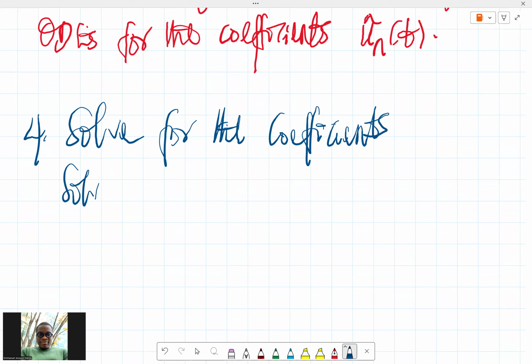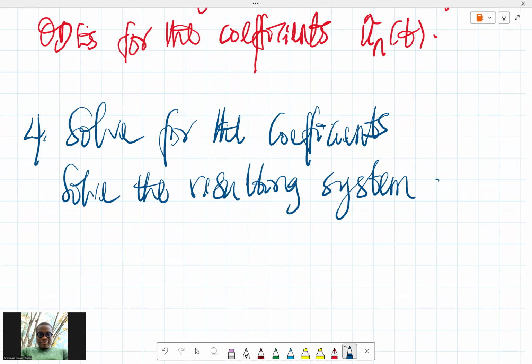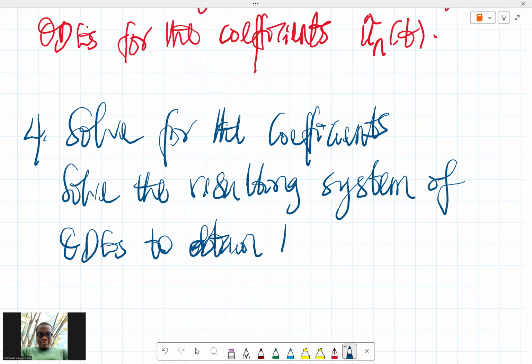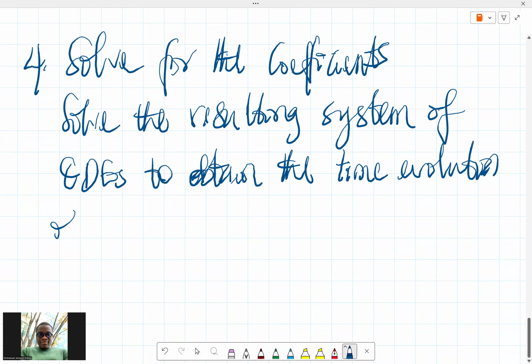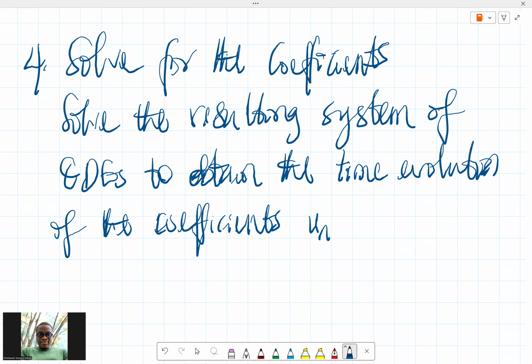Here you solve the resulting system of ordinary differential equations to obtain the time evolution of the coefficients u_n(t).